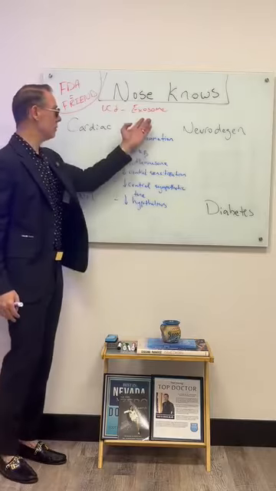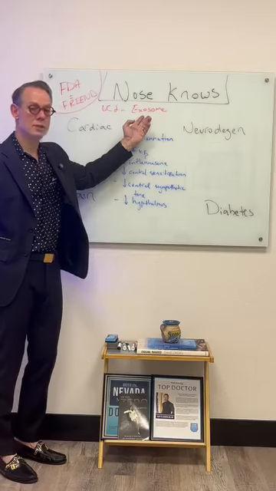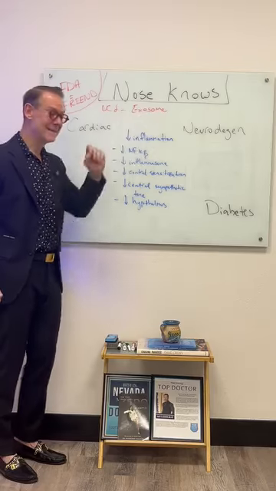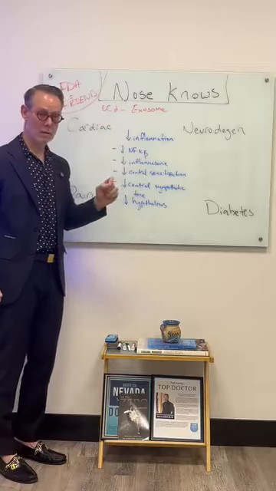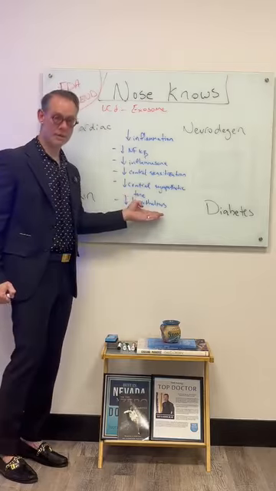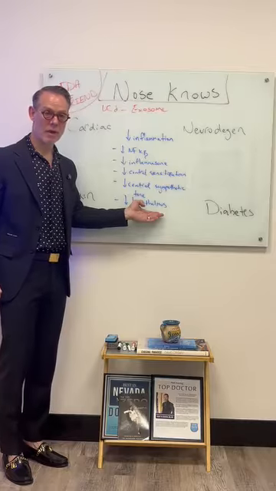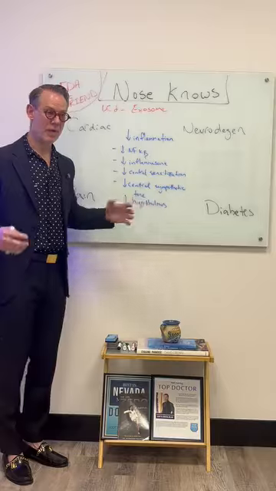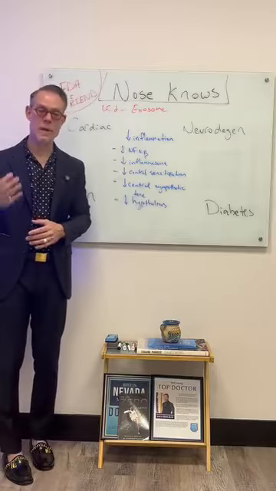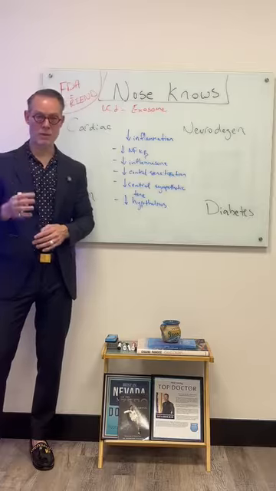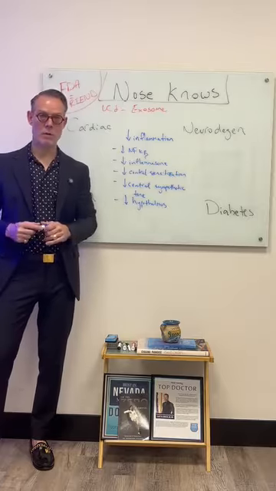But if you can reduce inflammation systemically and centrally, you can stabilize inflammation in the hypothalamus. The hypothalamus becomes more receptive to leptin, and your personal experience is that you're full.